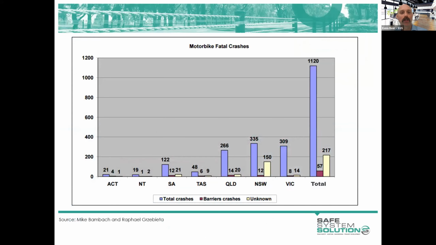But the first thing I wanted to cover off is some research that's been bubbling away, actually out of New South Wales, that has been, for the last 10 years or so, looking at motorcyclists striking barrier systems. It all came about because of the uproar from the motorcycle community around the mass rollout of wire rope safety barriers and their concerns around those.